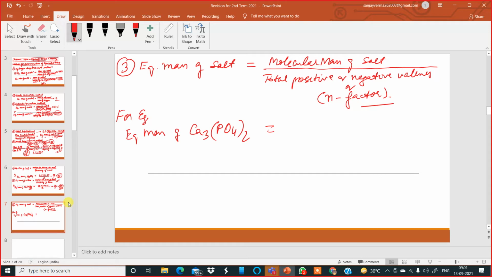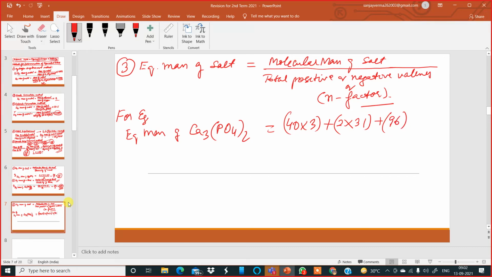To get the equivalent mass of this salt, we have to know the molecular mass of calcium phosphate. So, 40 into 3 for calcium. Then phosphorus: what is the atomic mass of phosphorus? It will be 2 into 31. Plus oxygen, 16 into 4 is 64, plus 2 into 16 into 6 is 96.